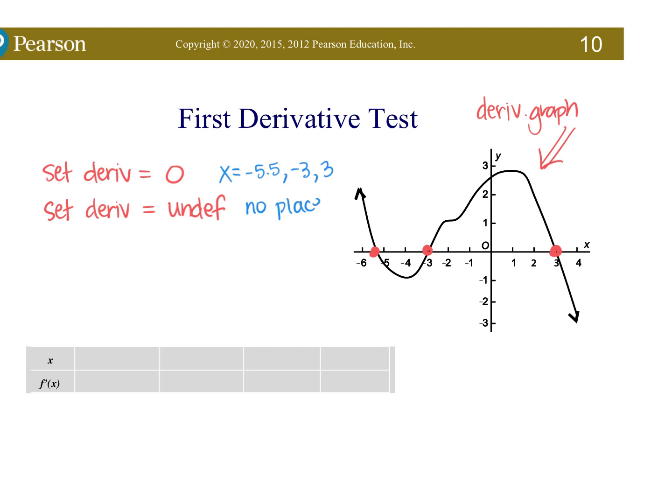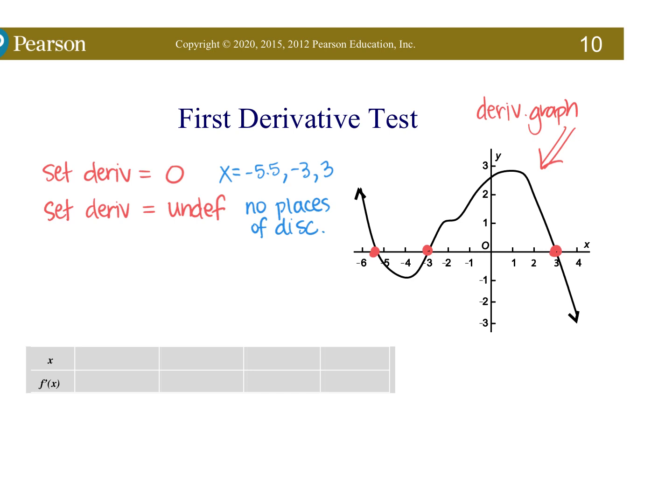There are no places of discontinuity, so I don't have any undefined places. So in a derivative, what you're looking for are not the maxes and mins, because I'm not looking at a real graph. I'm looking at a derivative graph. The derivative graph, what I'm looking for is setting it equal to 0 or places of discontinuity.